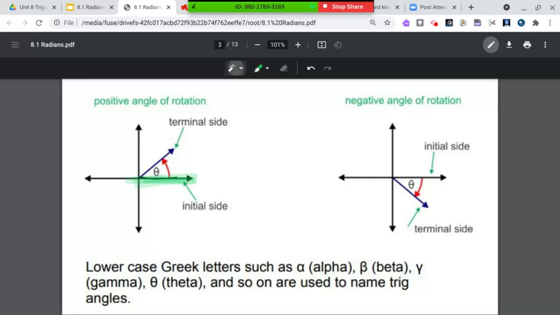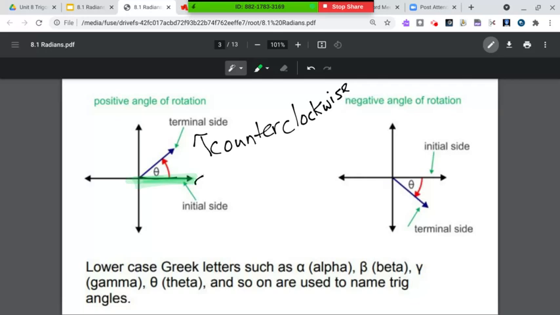Let me write that down. Okay? So the terminal side is where the angle's ending side lands. Okay? Positive.